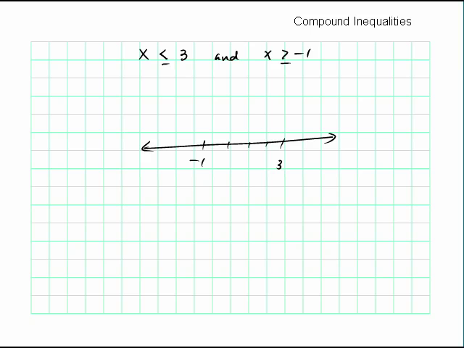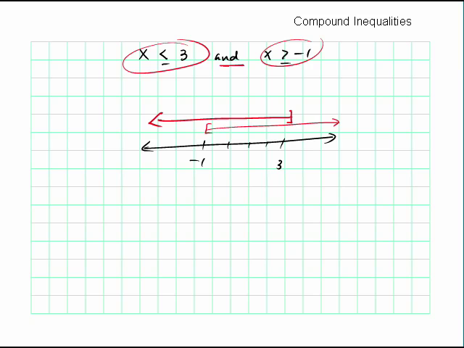It will look something like that. Just a crude number line. Now I'm going to do my scratch work. I'm going to graph everything that's less than or equal to 3, which would be a bracket going this way. Now I'm going to graph everything that is greater than or equal to negative 1, which is from here on that way.